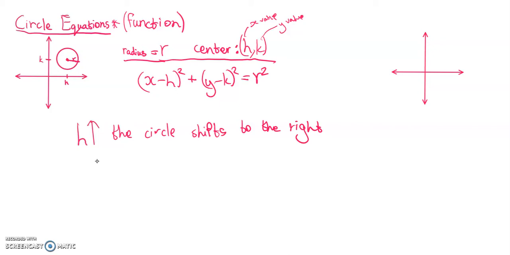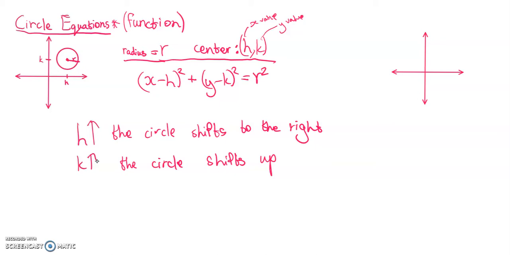Also, something that's important to know is as the k value increases, the circle shifts up. That's easier, I guess. Okay. Now, that's pretty much the basics of circle equations.